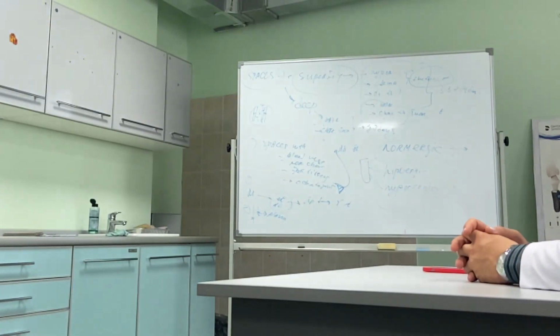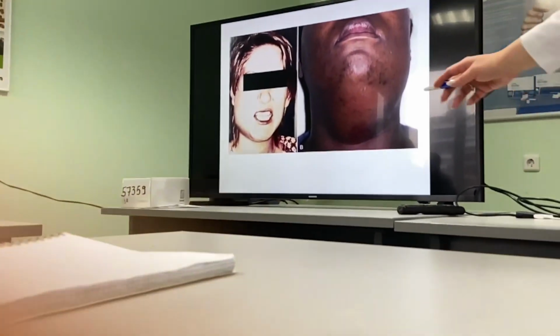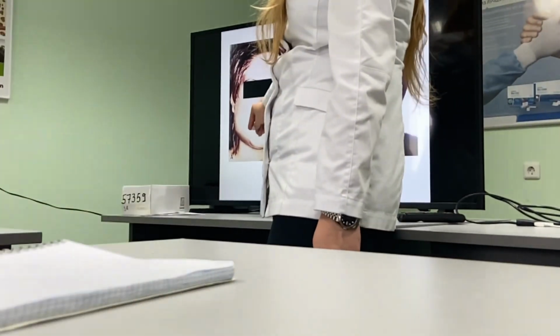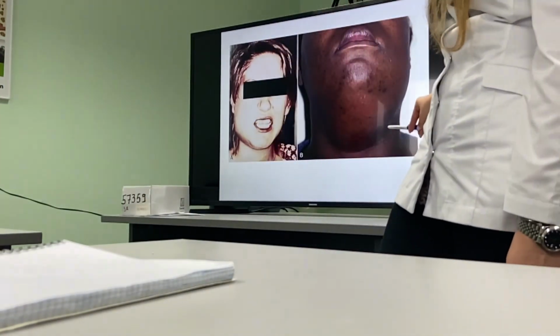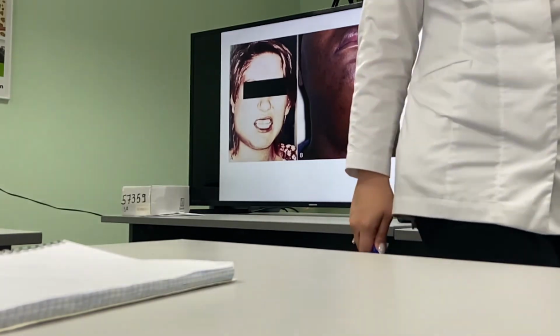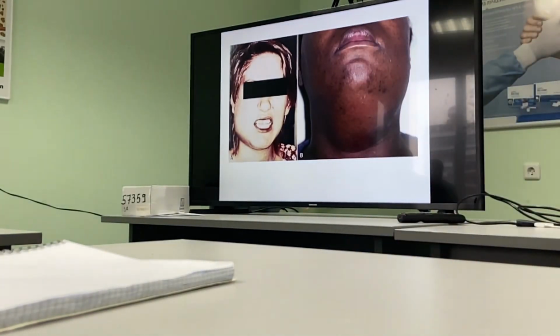Not normal, look, the configuration changes. In this situation, the patient cannot open the mouth. In this situation, can you see how the configuration changes? Function changes.